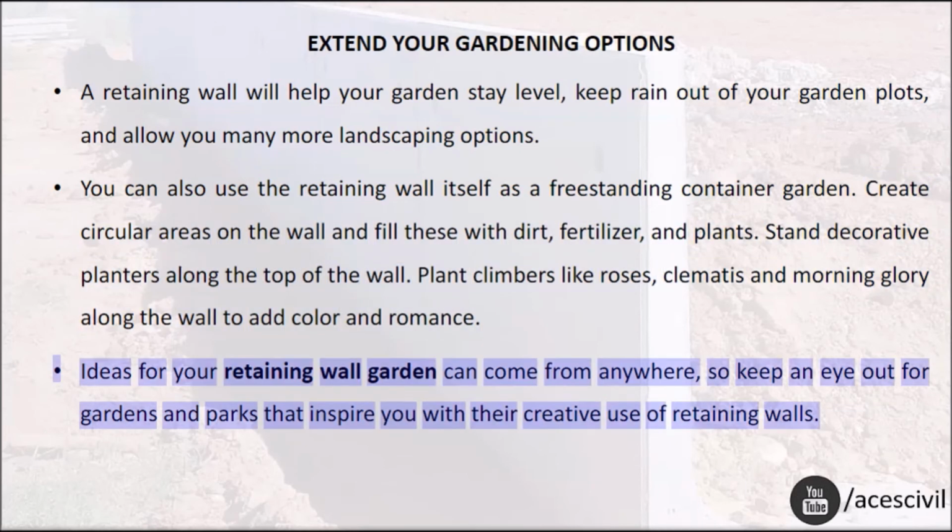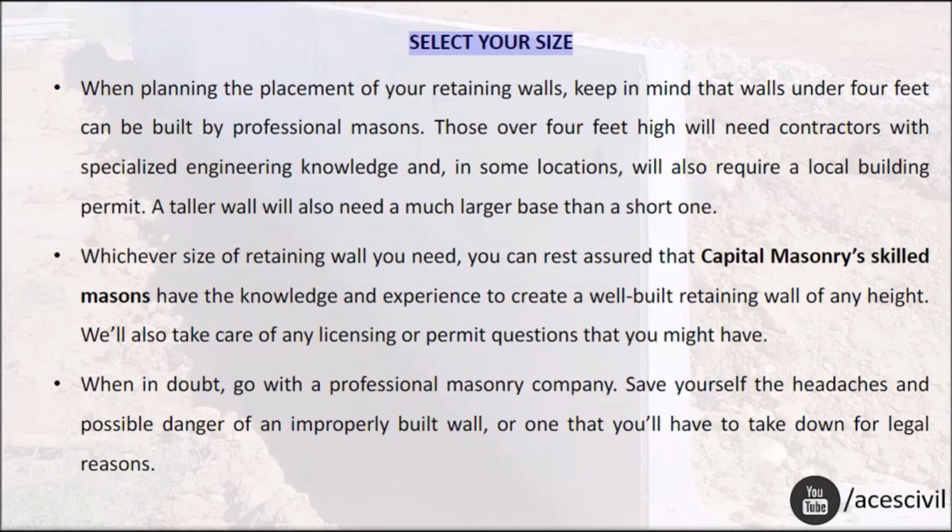Ideas for your retaining wall garden can come from anywhere, so keep an eye out for gardens and parks that inspire you with their creative use of retaining walls. Select your size. When planning the placement of your retaining walls, keep in mind that walls under 4 feet can be built by professional masons.